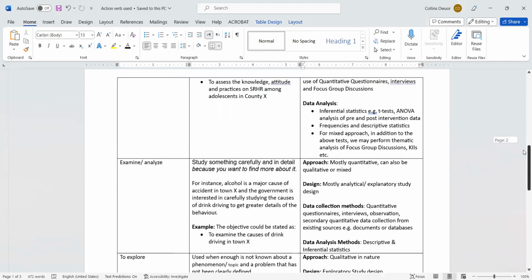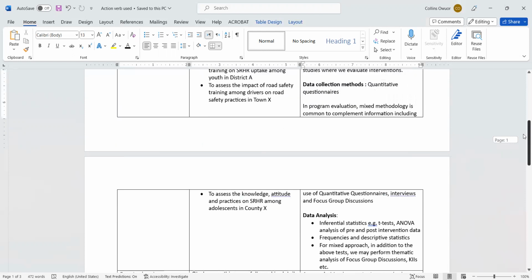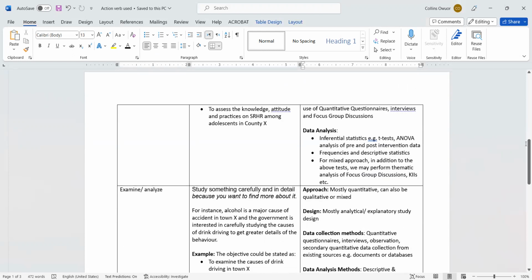On data analysis, this could basically include what we call inferential statistics. Inferential statistics basically means we are trying to infer something about the bigger population, or there are statistical tests that we use to test a hypothesis.